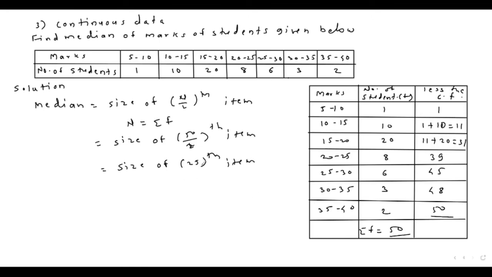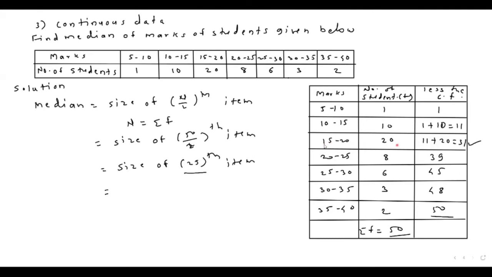Over here we cannot get the actual item, but we can get the class, which is the median class, corresponding to this 25 or just greater value. The just greater value is 31, and the corresponding class is this.